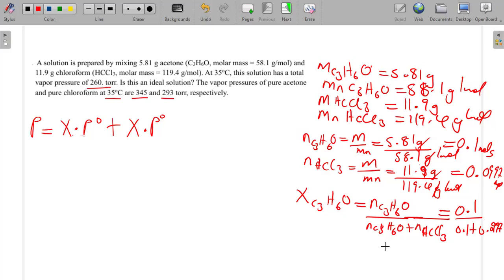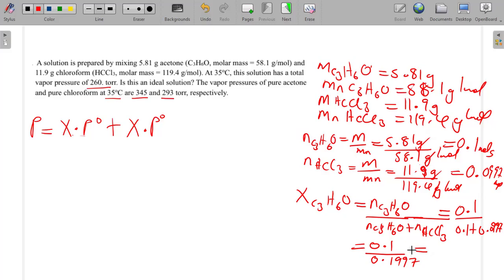Okay, so let's calculate that. We have 0.1 on top divided by, now we add 0.1 plus 0.0997, which gives 0.1997.